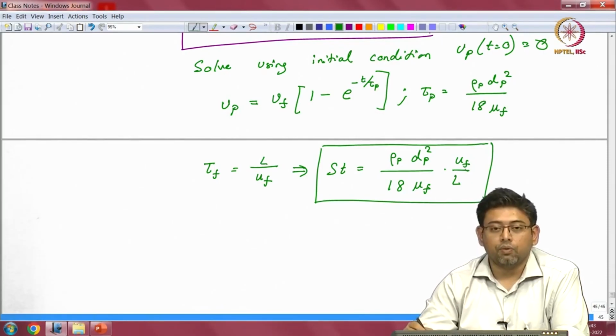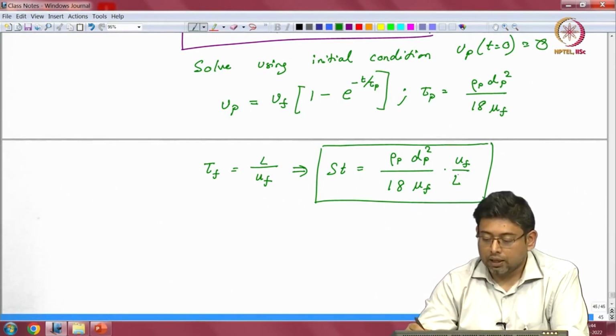So you have to estimate approximately what the velocity scale of the fluid flow is, and then use that number here. The geometry of the system already determines L, the flow length scale, and then you have to experiment with different types of particles to figure out which particle to use. Rho_p will come from that.